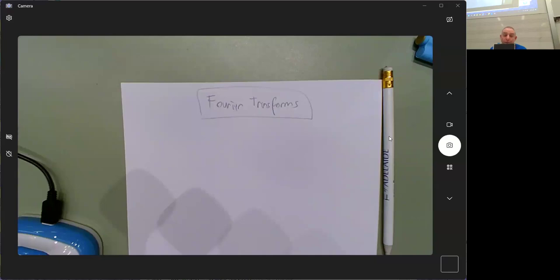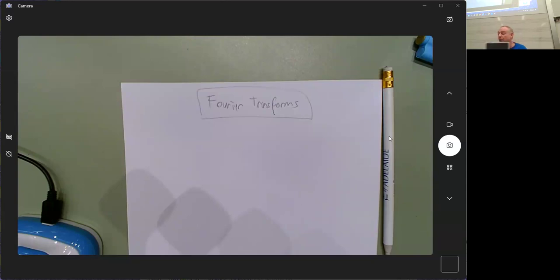Okay. So the first thing I want to say about this to orient my thinking on it is that the point of transforms, in this course, is to turn differential equations into algebra equations.